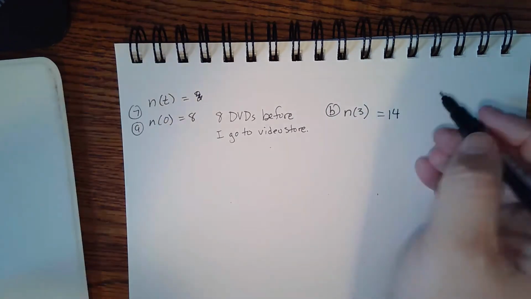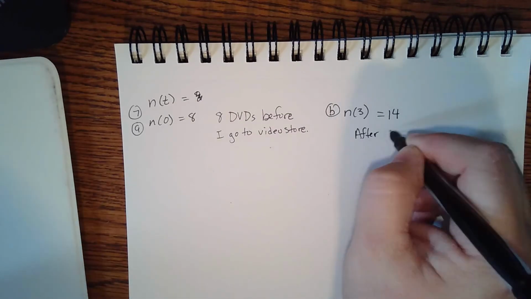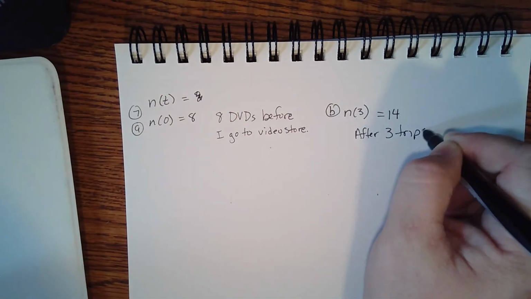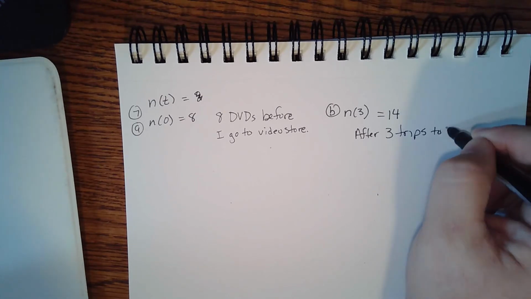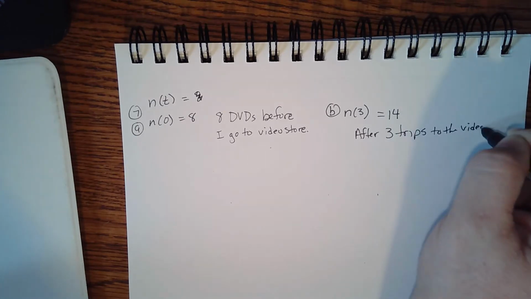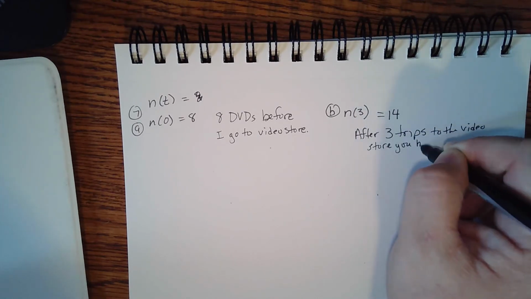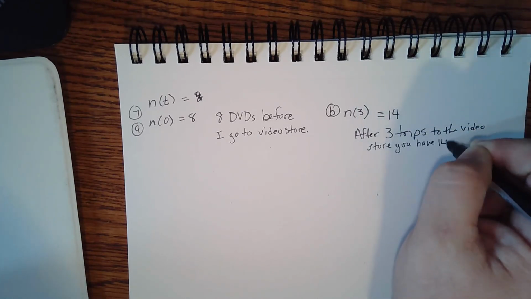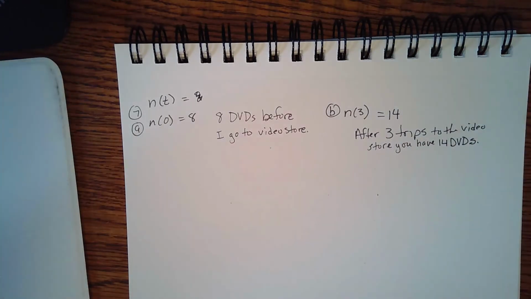So what that means is after 3 trips, this means you were not very well organized, to the video store, you have 14 DVDs. Okay, so now you've seen 2 of them.